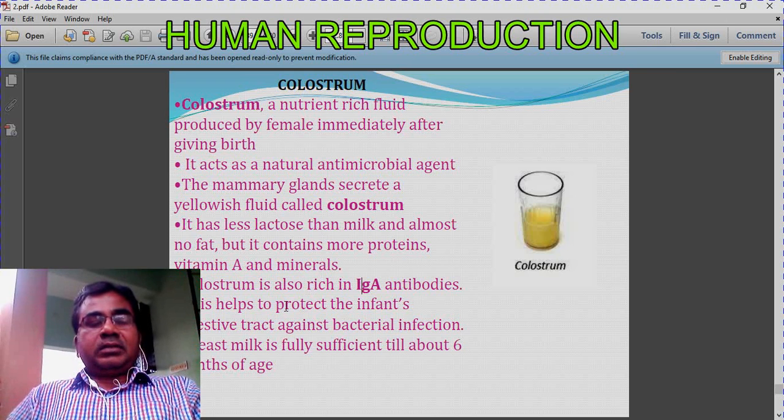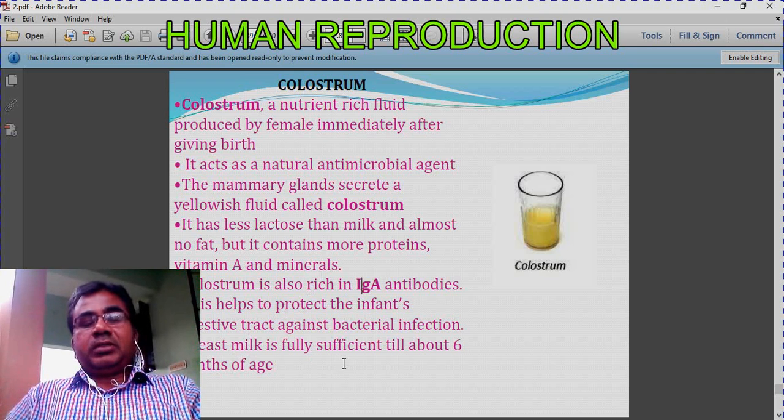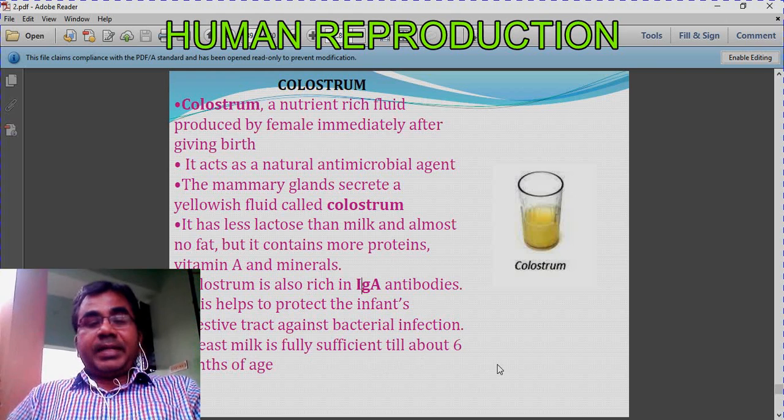That is why doctors advise that breast milk is fully sufficient till about 6 months of age. So no other food is needed for the developing child. Only the mother's milk is enough.